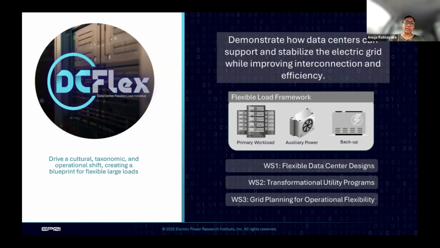What you're not seeing here that we are going to introduce soon is a work stream that is focused on the energy supply side. You heard briefly about the changes in the profile of the load itself.